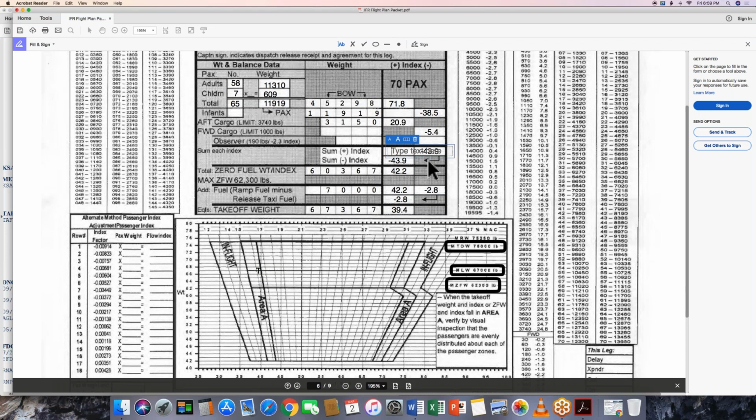So what's 71.8 plus 20.9? I want to say that's going to be 72.7. Or I mean, nope. See, that's why I don't do these things. 92.7. Good Lord. Okay.